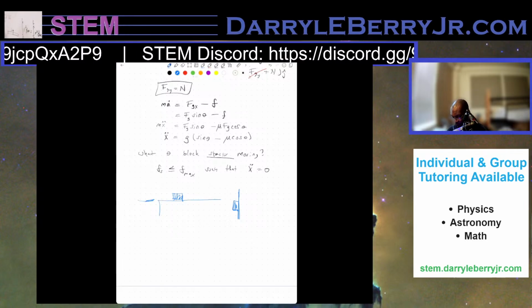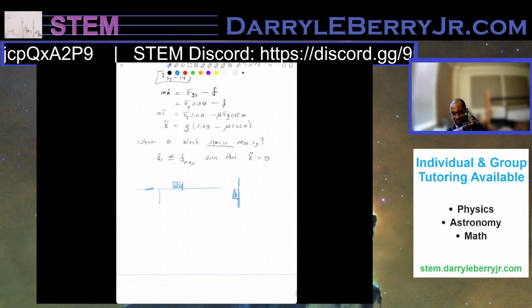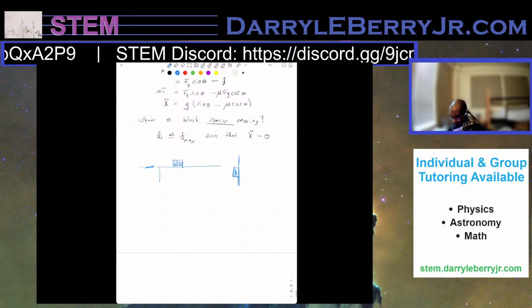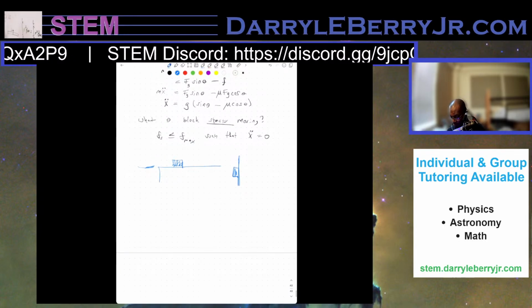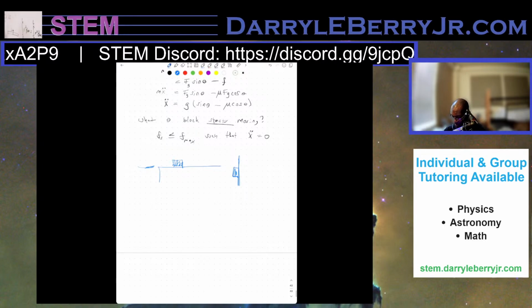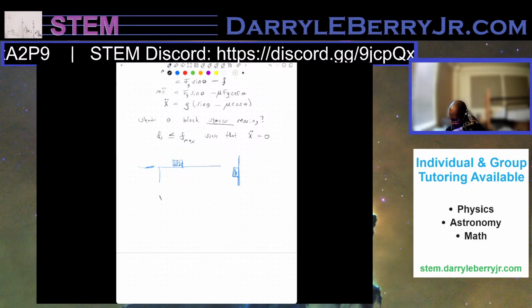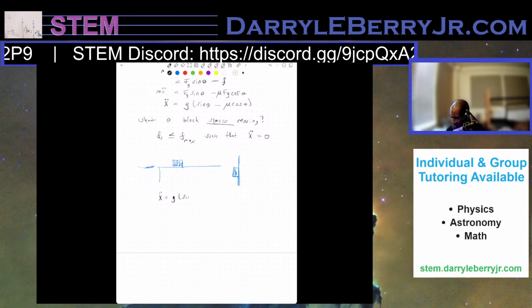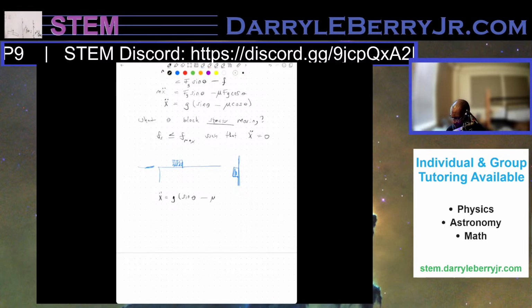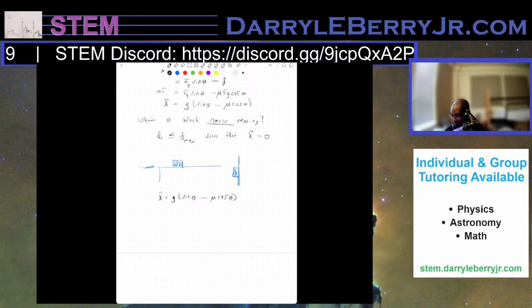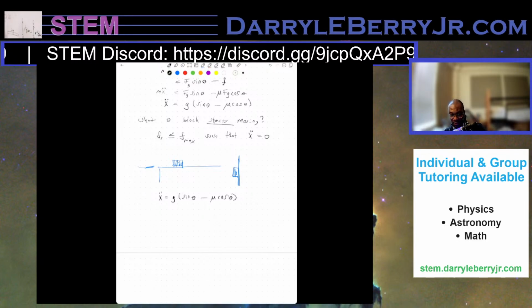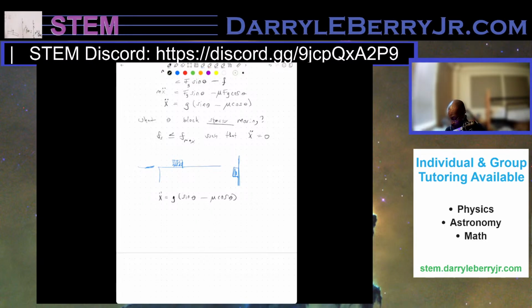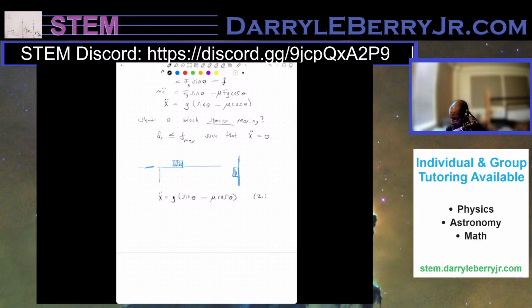But we know the friction force required to keep the block static. So basically we have x double dot equals g sine theta minus mu cosine theta, and they have this as equation 2.15.